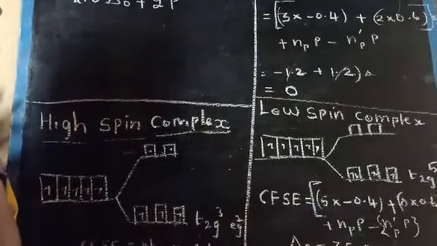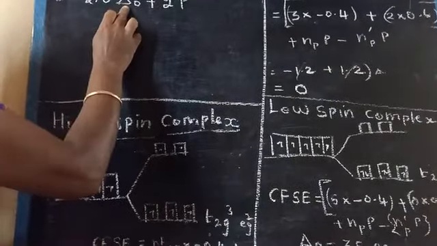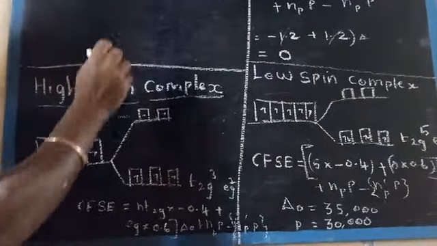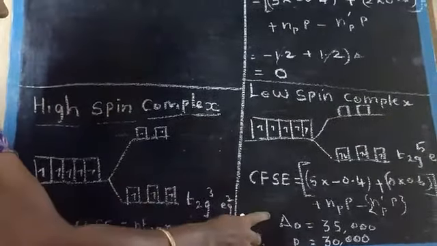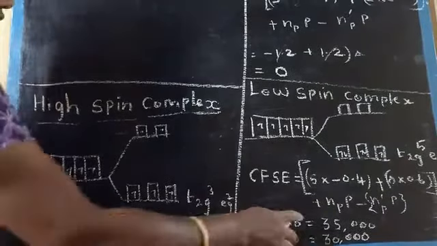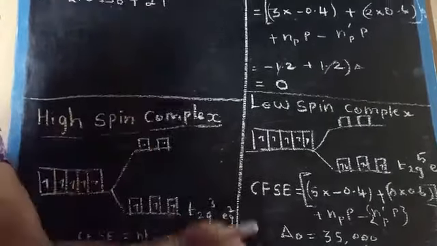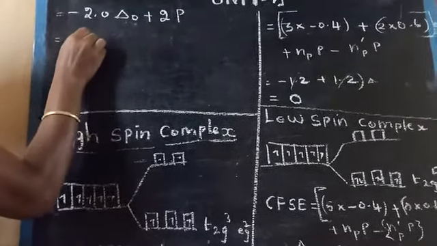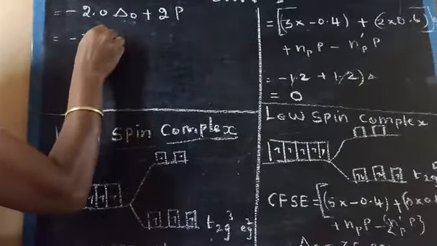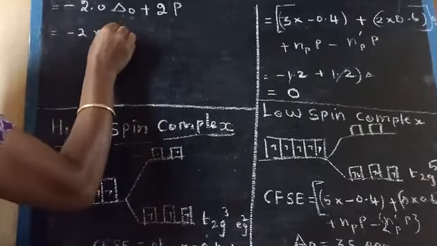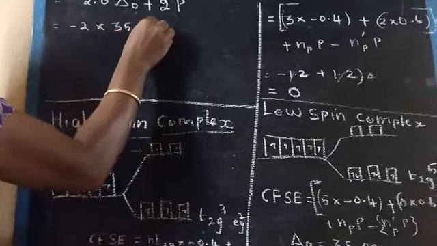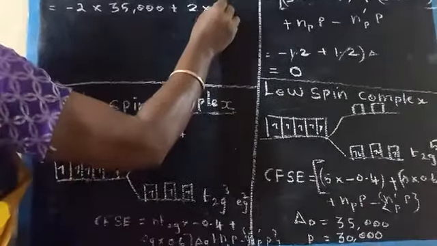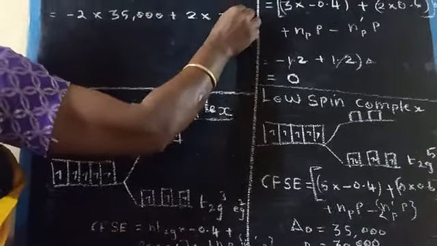So 0. Now substitute the delta 0. The crystal field splitting energy in an octahedral complex is given in the textbook: 35,000, pairing energy 30,000. So now minus 2 into delta 0, 35,000, plus 2 into pairing energy, 30,000.